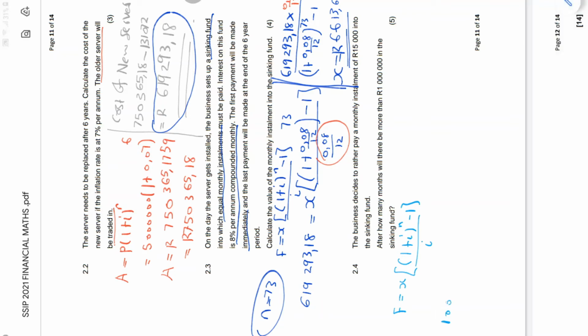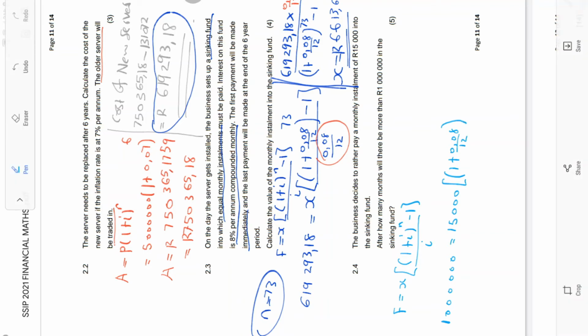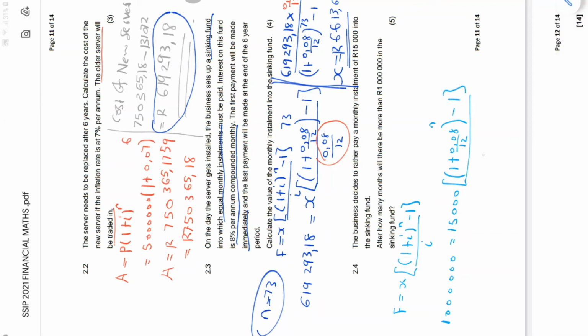We need to find out how long will it take to have 1 million as the future value, if every month we are depositing 15,000 into the same account for the same interest rate, compounded monthly. 1 plus 0.08 over 12 to the power of n, minus 1, over 0.08 over 12. So n is an exponent, so you need to know that we need to work with the logarithm somewhere, somehow.